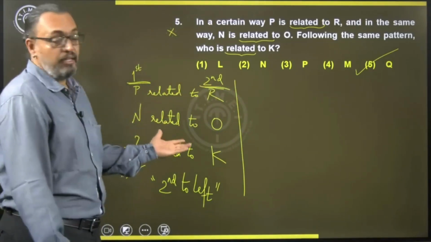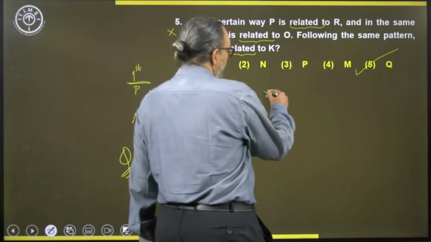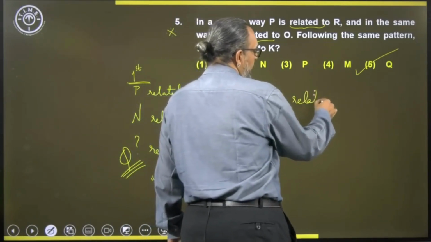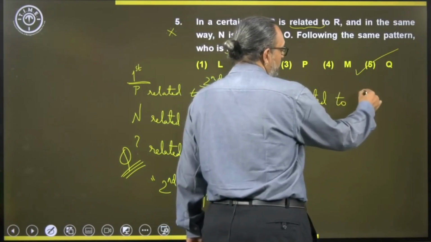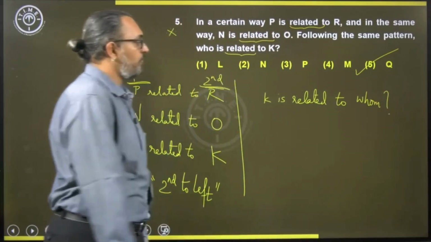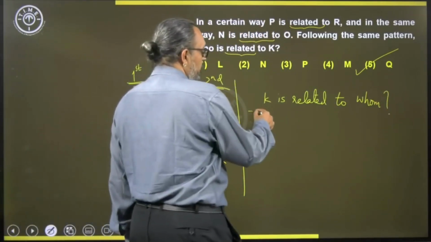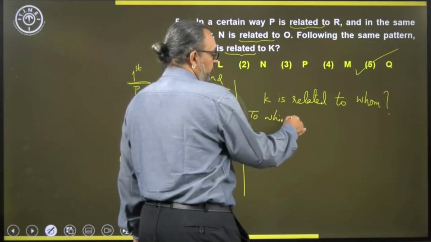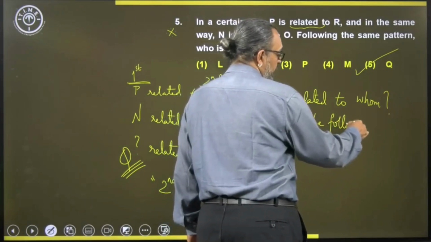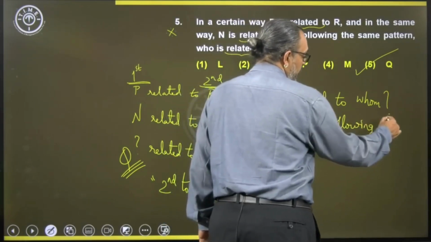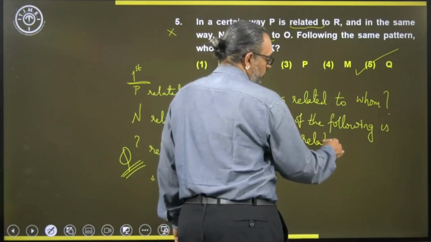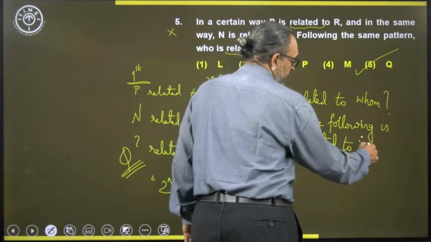Now the same way, he can also ask, K is related to whom? Or he can also say, to which of the following is K related to.